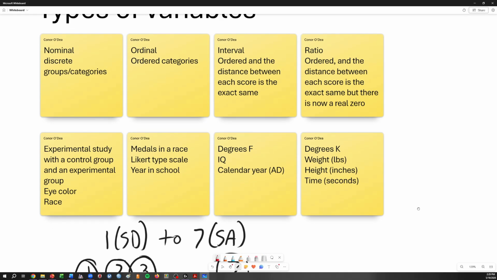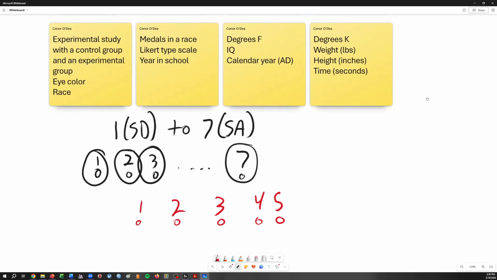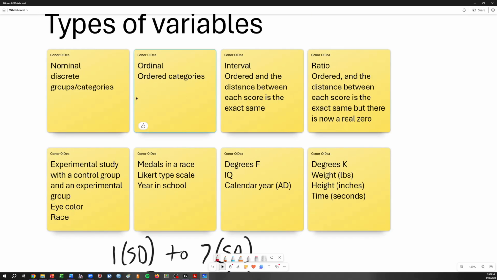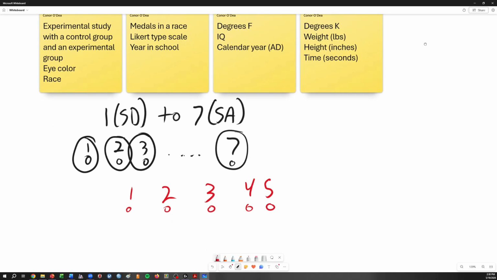The reality is that probably makes statisticians a little bit mad. But the reason that they are objectively ordinal, and you could debate this with other people, you could hear a lot of opinions on this, they are objectively ordinal even though we treat them as interval, and I'll talk about why.